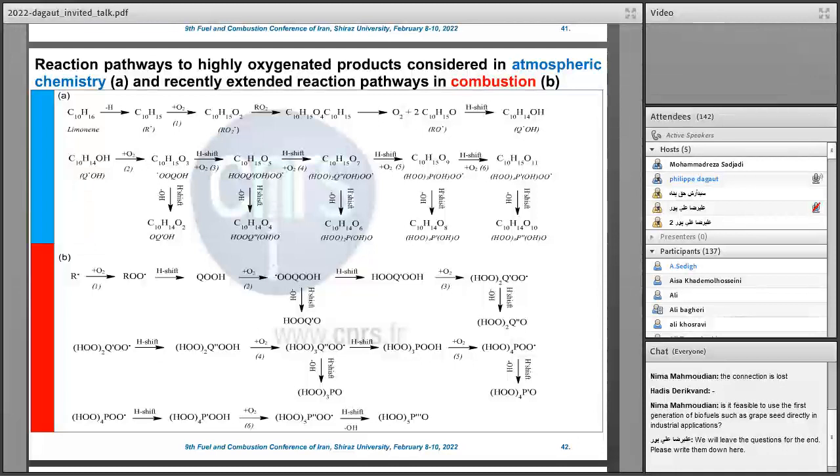So this chemistry usually is ignored in combustion, whereas this one is considered, but only up to a maximum of the third O2 addition.